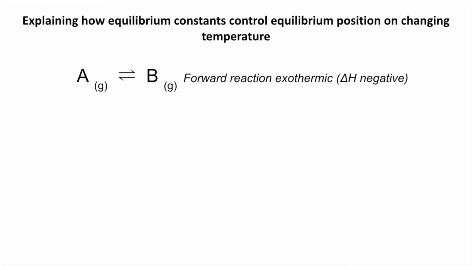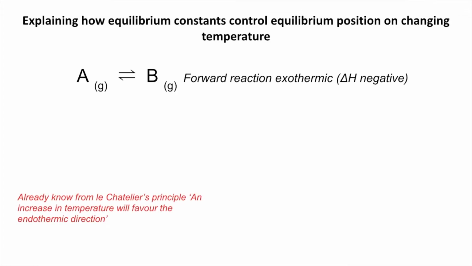Just remember that rule, that the equilibrium constant, if we increase the temperature, is going to decrease. We also know from Le Chatelier's principle that we study in first year that an increase in temperature is going to favour the endothermic reaction.